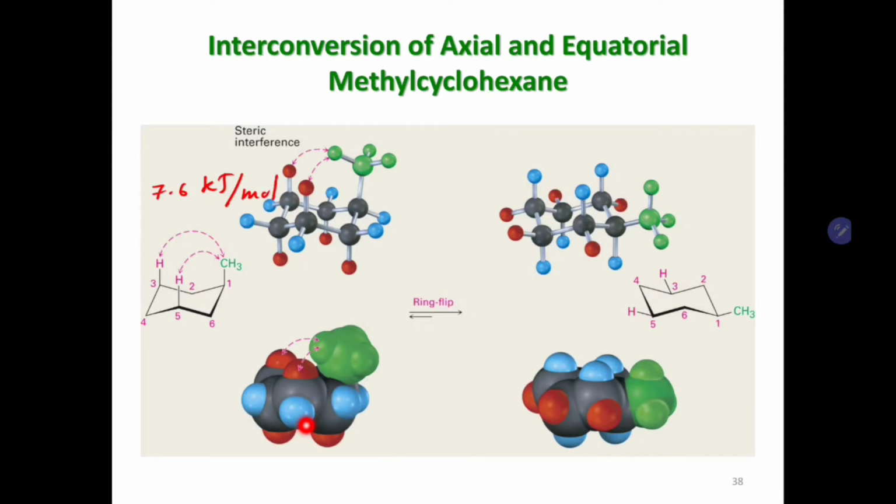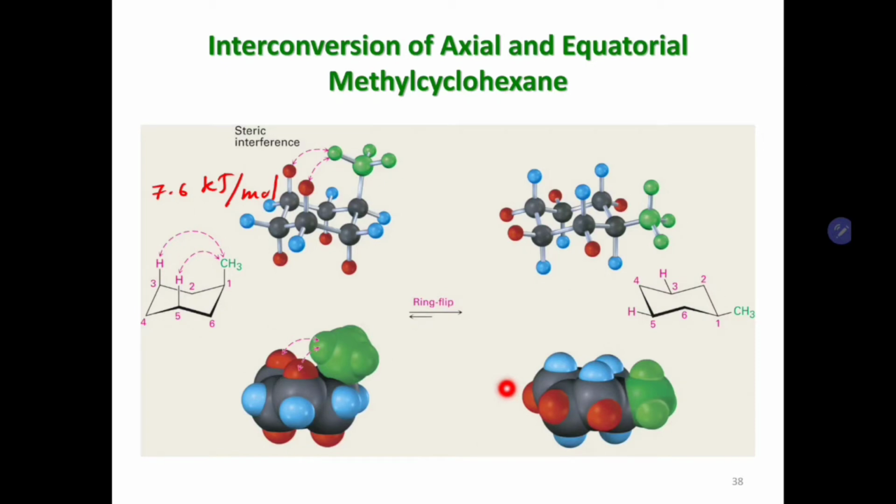So you have two steric interactions between the axial substituent and the carbon number 5 and carbon number 3 hydrogens, which are also axial. Because of these axial interactions, you have 7.6 kilojoules per mole worth of steric interactions.